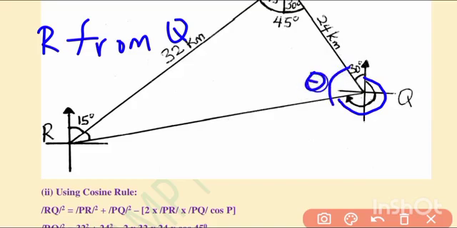Let's call it angle theta. By knowing the value of this angle, we add it to 30 degrees and we subtract their sum from 360, and that will give us the bearing of R from Q.